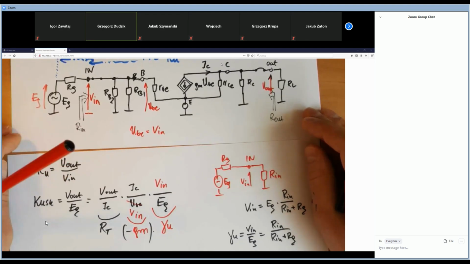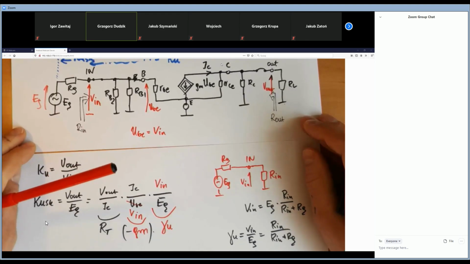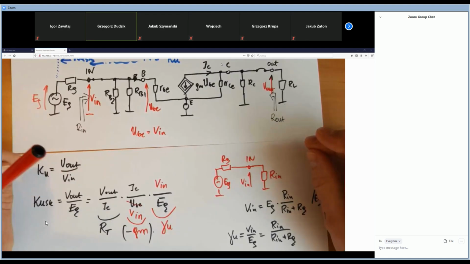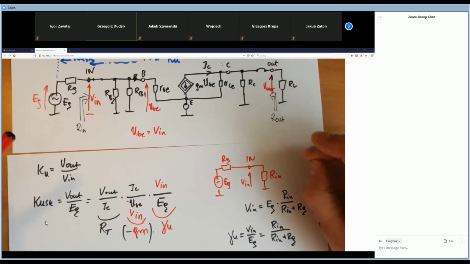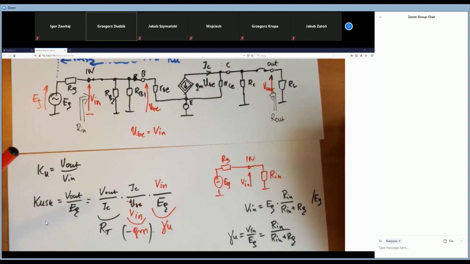As I showed you previously in LTSpice, the simulation of this PNP based amplifier, you will see that the phase between the input sine waveform and the output one is shifted by 180 degrees. Did you see that? Yes.